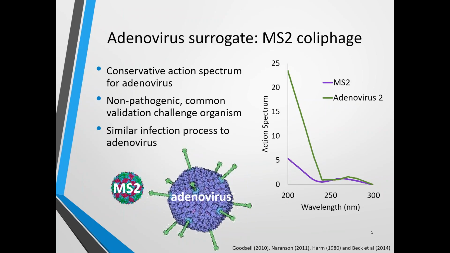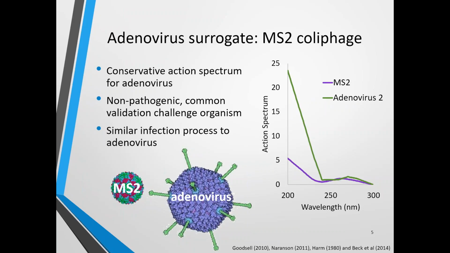You can see both of these viruses are more sensitive to UV at wavelengths below 254. You can also see that MS2 has less relative sensitivity across the UV spectrum at those low wavelengths. So it's a conservative model for adenovirus. It's also non-pathogenic, and so it makes it easier to work with.